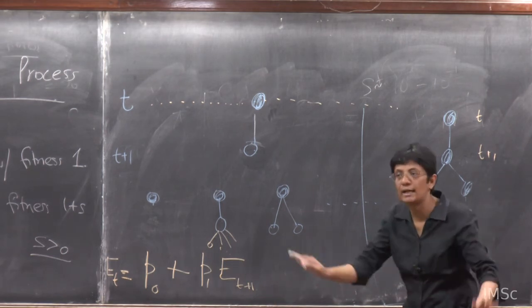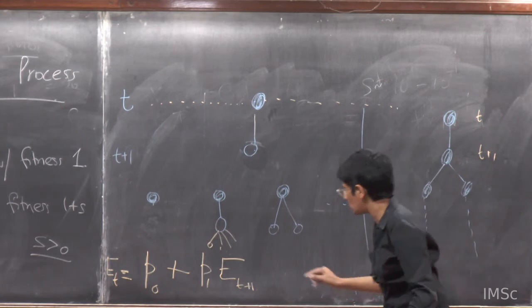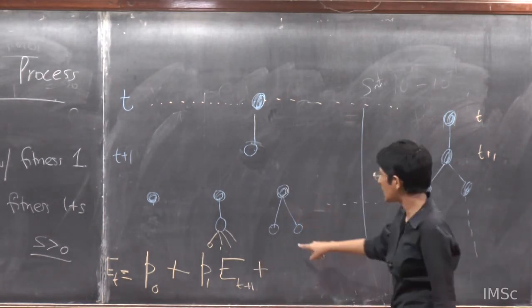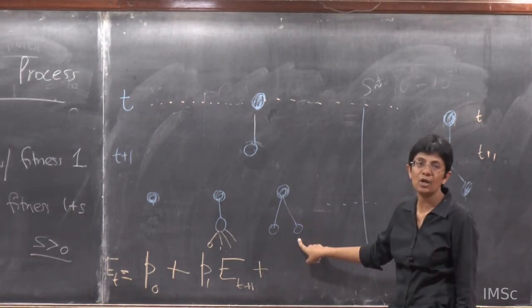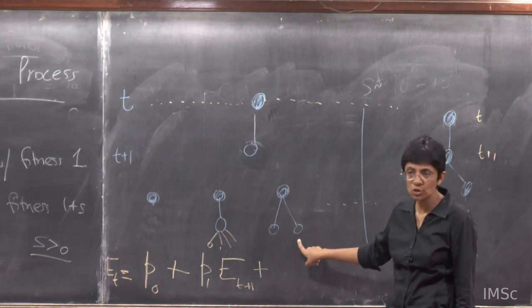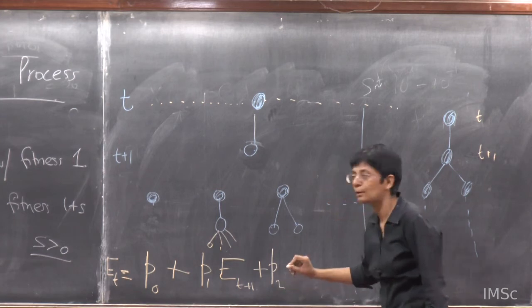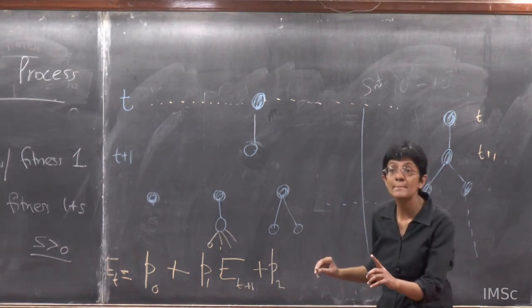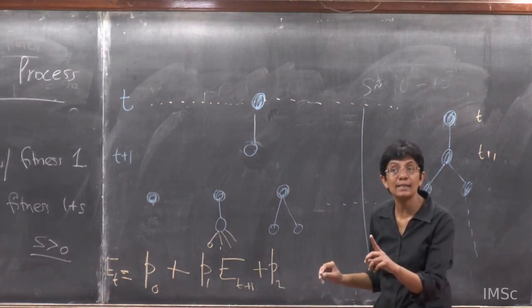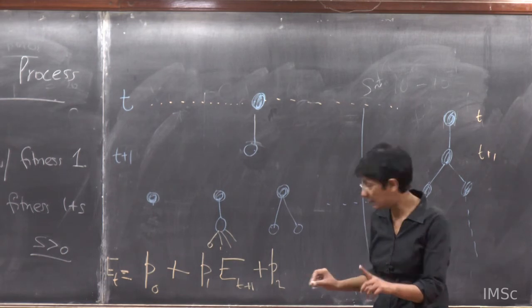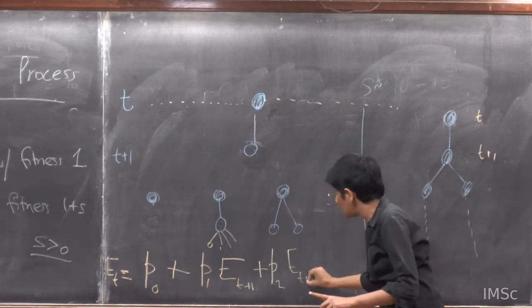T I am going to take out in a few minutes. Plus, what will happen for this guy? It had how many offspring? 2 offspring. So what should I write here? P2 and then? E_{t+1}.